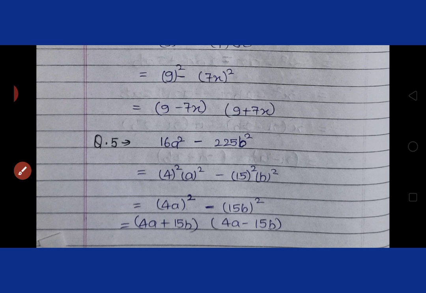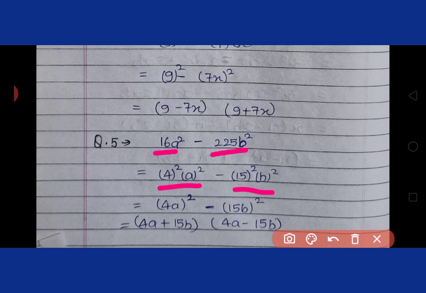In the next question, 16a square minus 225b square. Listen, in this exercise we have to learn the squares. So 16 is the square of 4 and 225 is the square of 15. So it is written as 4 square multiplied with a square minus 15 square multiplied with b square.